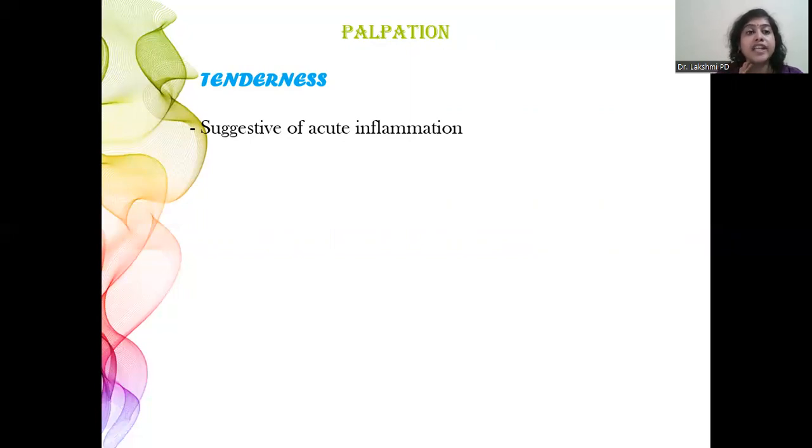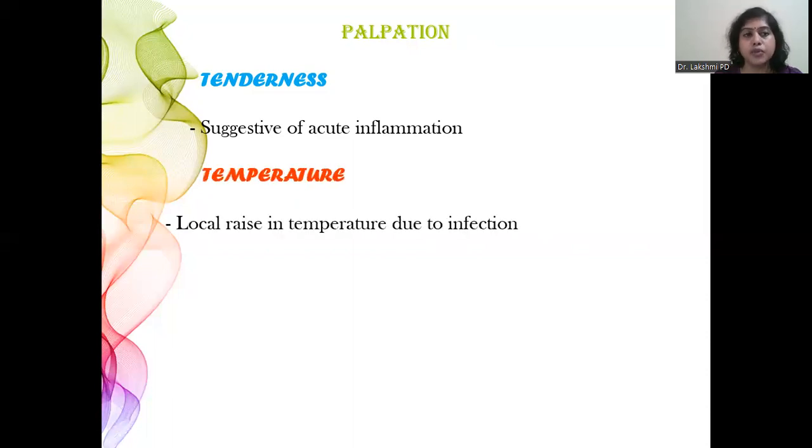Kindly do not dig your fingernails into the patient's skin, especially if you have nails, because that can actually lead to pain, and the patient will say that yes, it is paining. You might think that there is tenderness in the lymph node when actually it is not, because of your faulty palpation procedure. So tenderness is basically a sign of acute inflammation. That is, it's an acute infective reaction present within that lymph node.